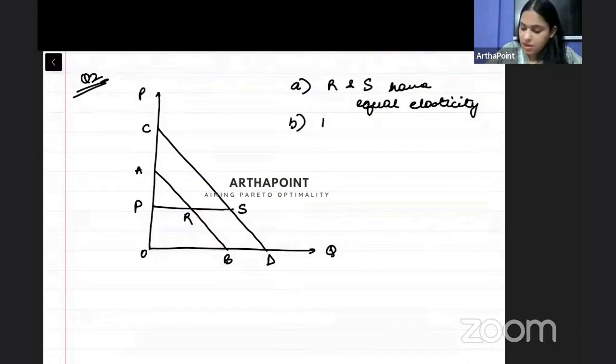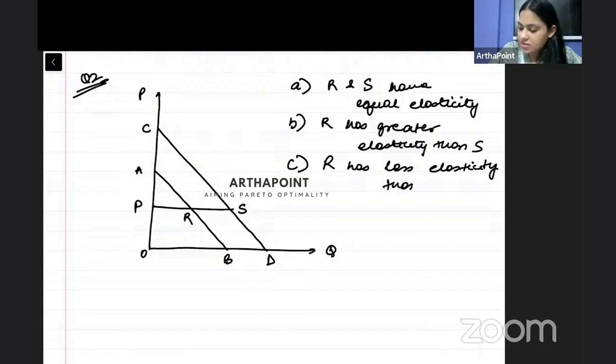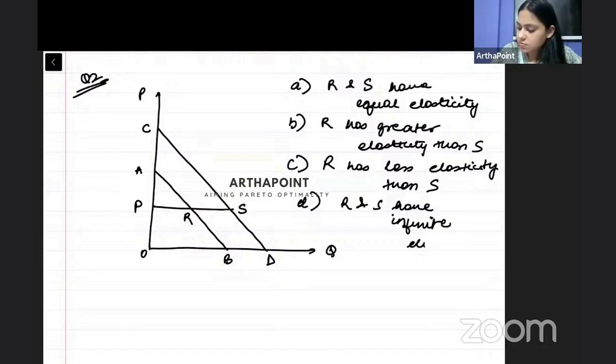Option number B, R has greater elasticity than S. Option number C, R has less elasticity than S. Option number D, R and S have infinite elasticity. थोड़ा ट्रिकी क्वेश्चन है, ट्राई टू डू दिस.